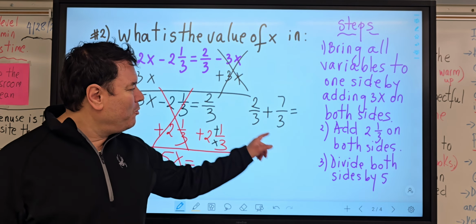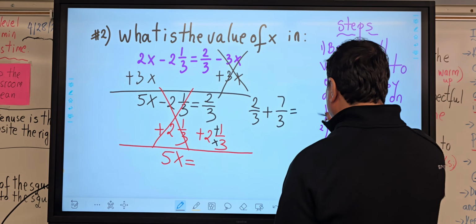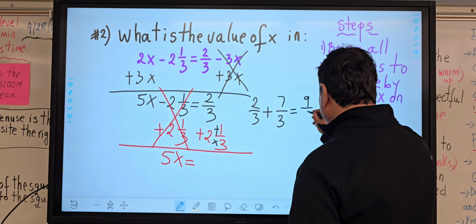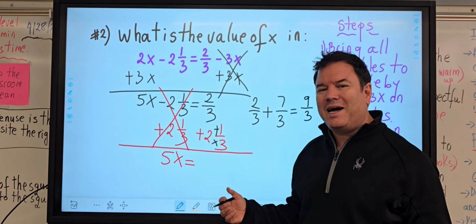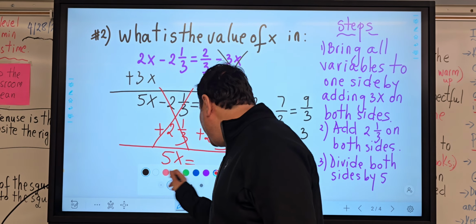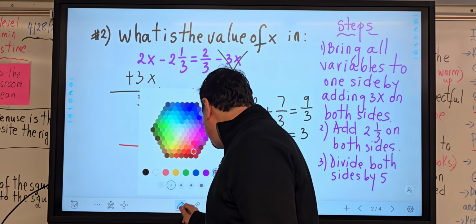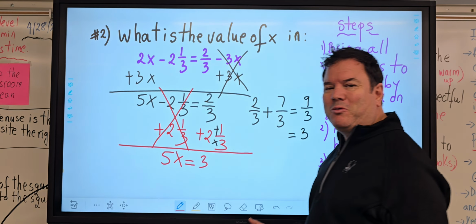And because now we have the same denominator, we just have to add 2 plus 7, which is 9, divided by 3. And 9 divided by 3, everyone should know that is 3. So this equals 3. So 5x actually equals 3. And now we have a one-step equation.